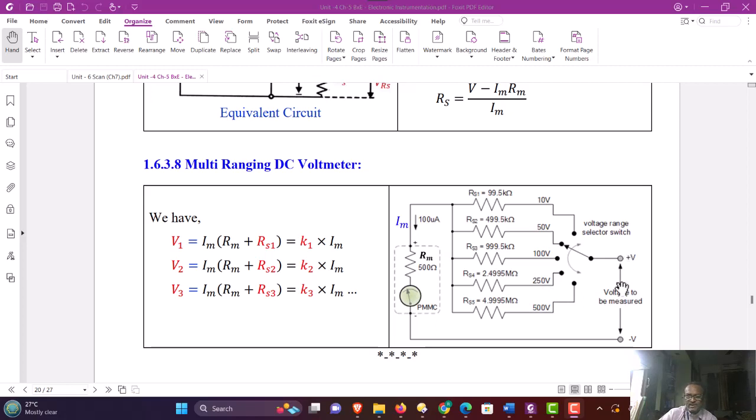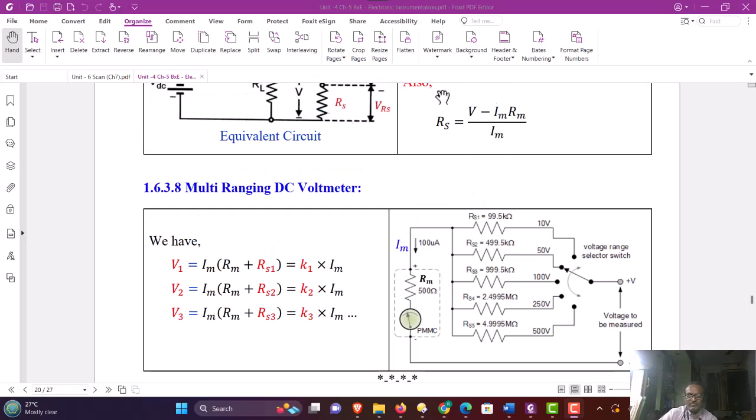The voltage to be measured is supplied through a range selector switch. Whenever the switch is in the 50 volt position, the resistance Rs2 comes in series, and the calculated value of current Im flows through this PMMC instrument, which gives full scale deflection at 100 microampere and has an internal resistance of 500 ohm.